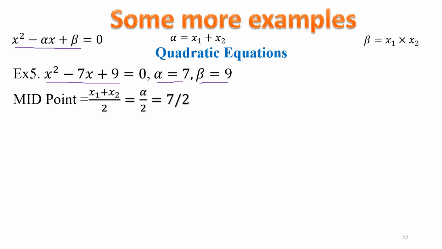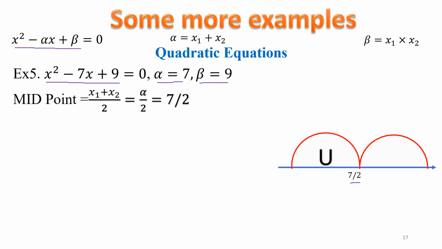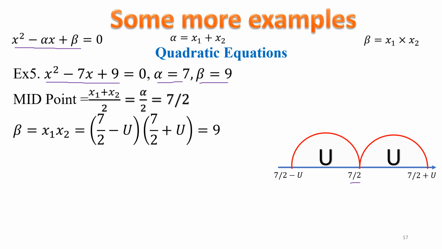So alpha is known, 7 by 2 will be the midpoint. So here you can identify the point 7 by 2 on your number scale and go u interval to the left and to the right, so that 7 by 2 minus u, 7 by 2 plus u will be the two roots x1 and x2 of the given equation.